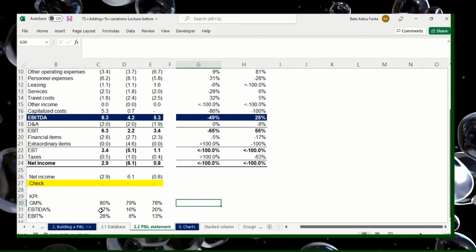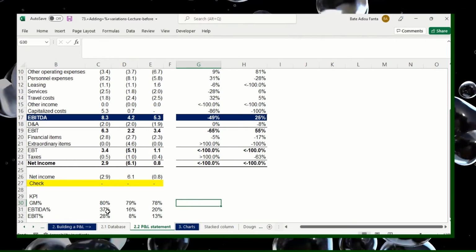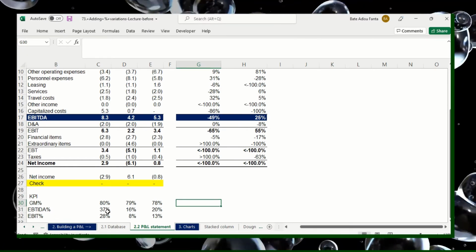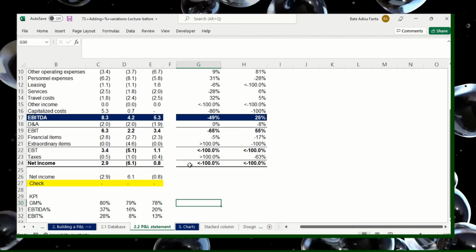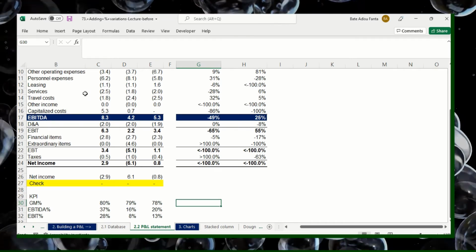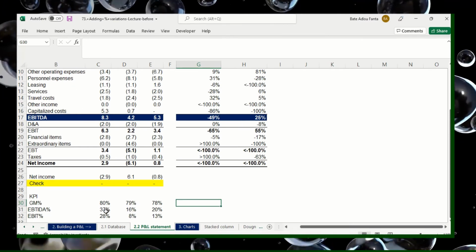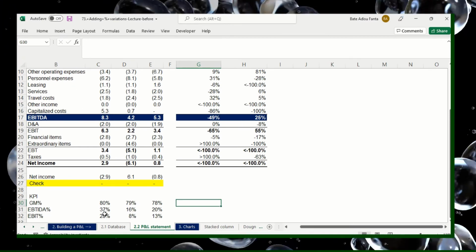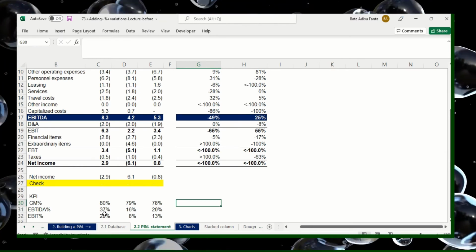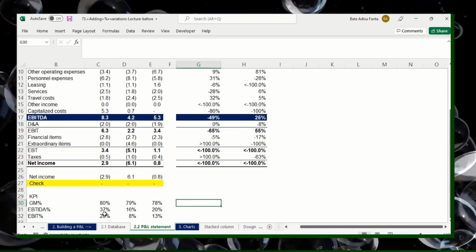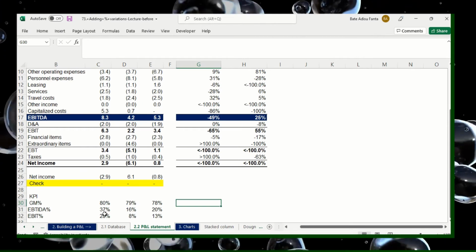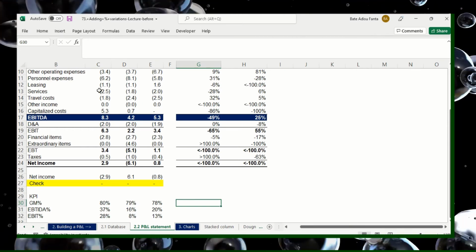So when it comes to EBITDA, this 37% shows that after paying operating expenses and other related expenses, the company makes 37% profit out of its operation.